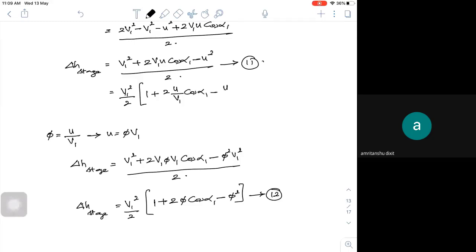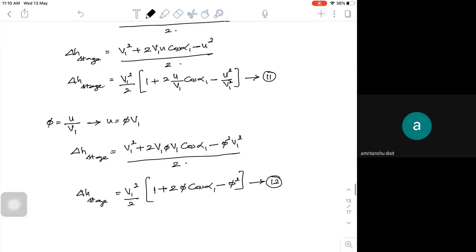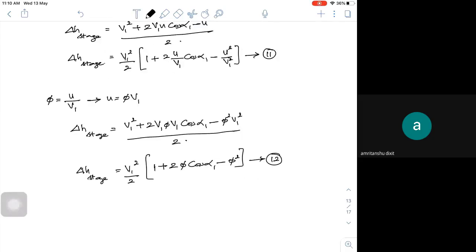This also I can leave in that particular form or this form. So this is in terms of your peripheral velocity and your absolute velocity of the stream, or if I want to express the same expression delta H in terms of phi, this will be the expression.